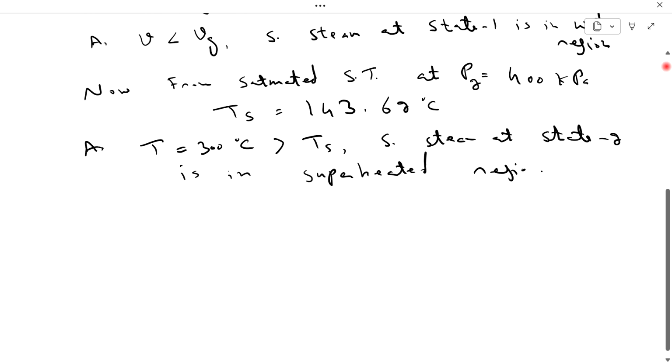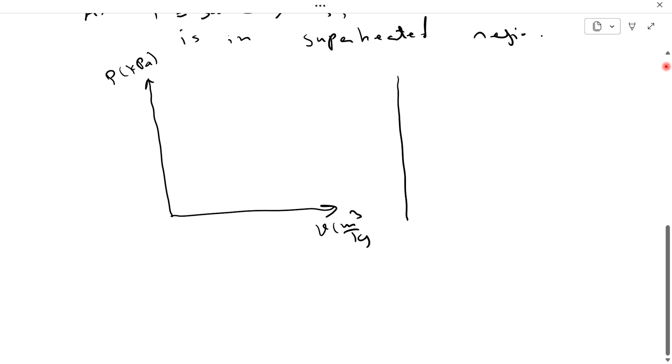So now we can draw the PV and TS diagram. This is pressure in kilopascal and volume in meter cube per kg, and on the TS diagram, temperature in degree centigrade and entropy in kilojoule per kilogram per Kelvin.